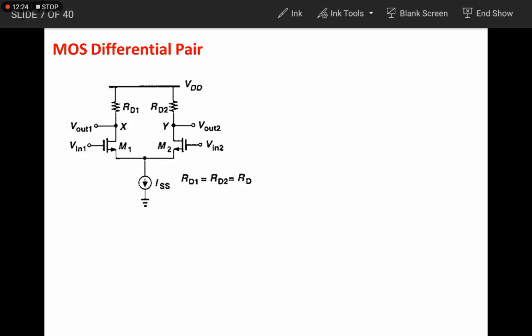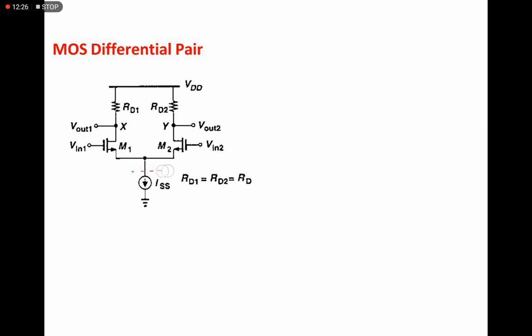Here we are using an extra current source ISS, designed such that ISS equals ID1 plus ID2. This is an ideal current source, so the current through this node is always constant, and it will keep ID1 plus ID2 limited to ISS.